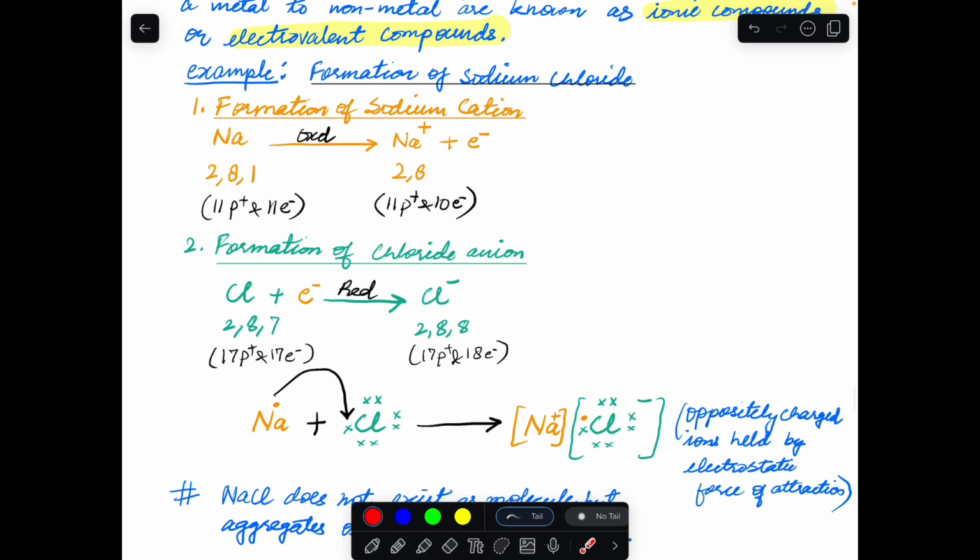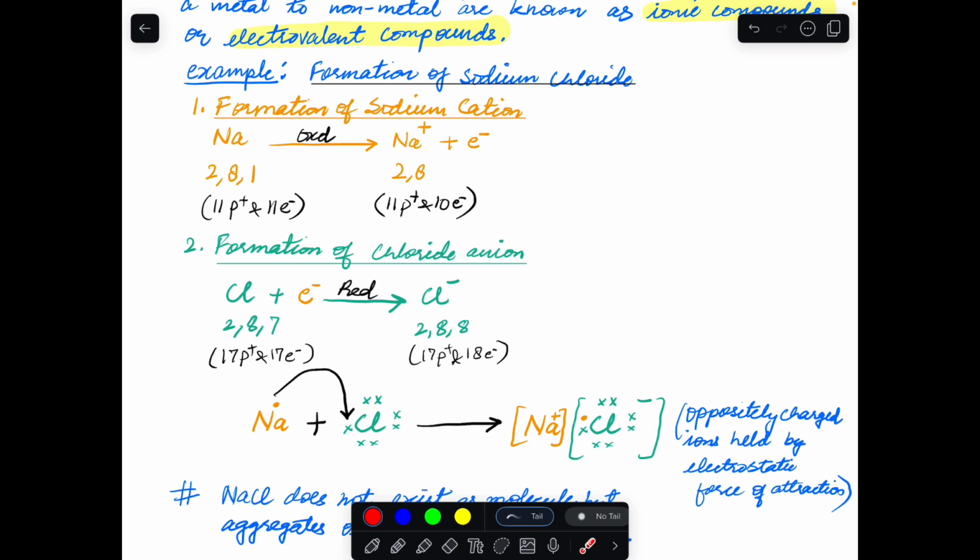Sodium has 11 electrons because the atomic number is 11, and they are arranged so that the valence shell has 1 electron. Therefore sodium will lose electron. This 1 electron is lost and it will form Na plus ion or cation with a stable configuration. How are we getting the positive charge?